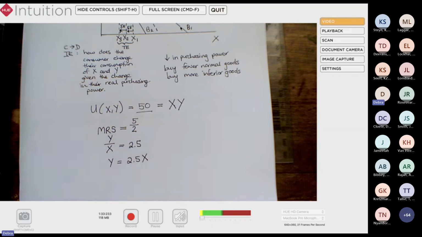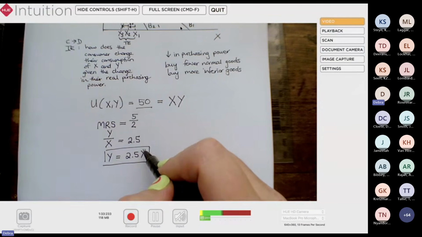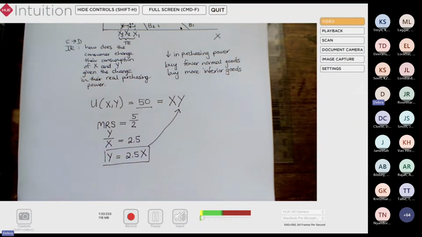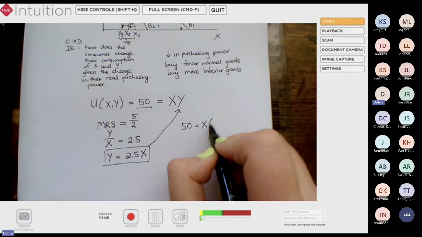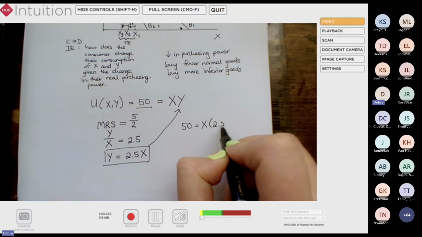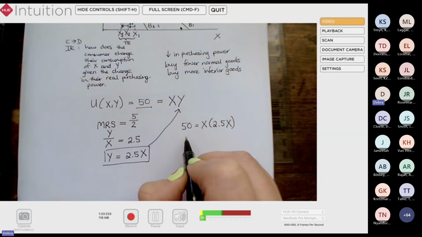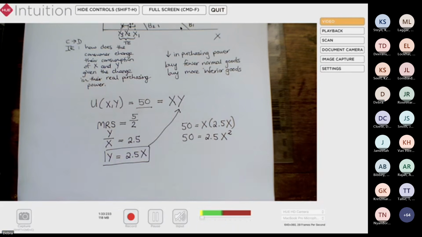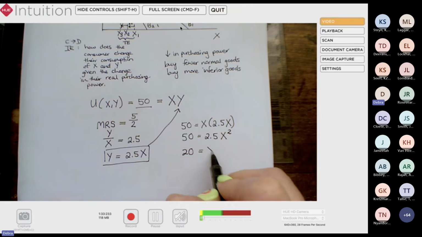So now I've got Y in terms of X, and I can substitute this in here. So I have 50 is equal to X times 2.5X. And so 50 is equal to 2.5X squared. I divide both sides by 2.5 and I get 20 is equal to X squared.